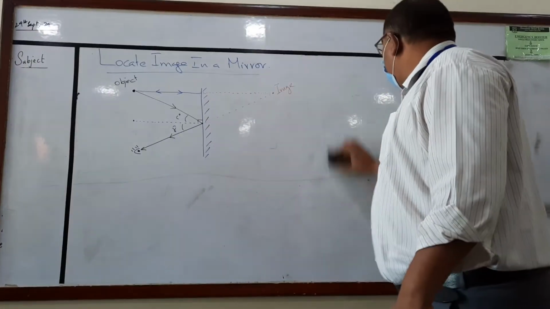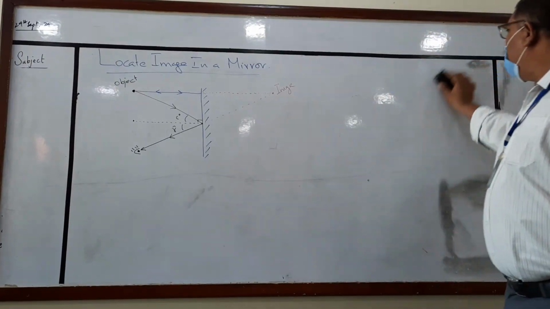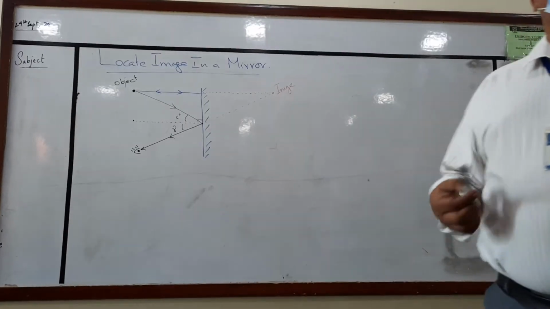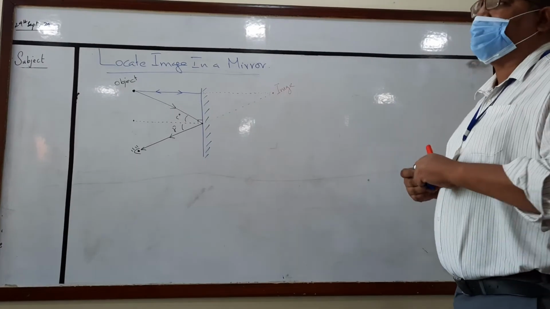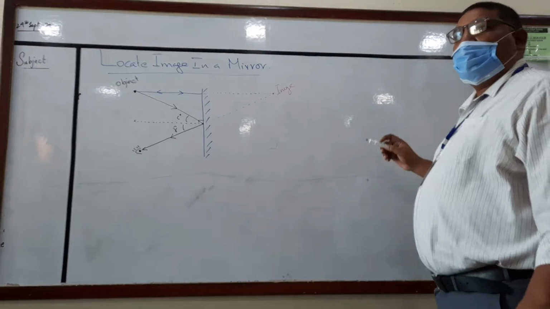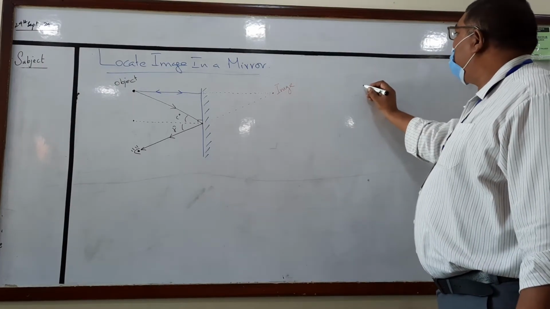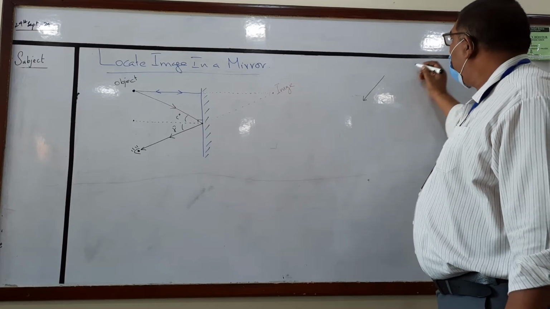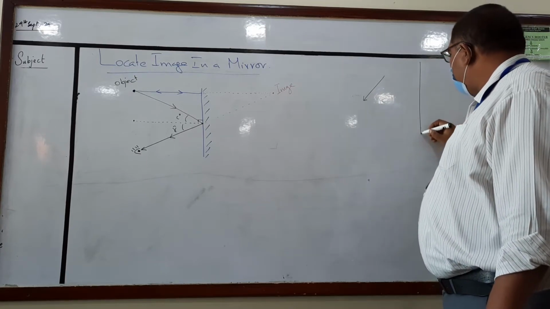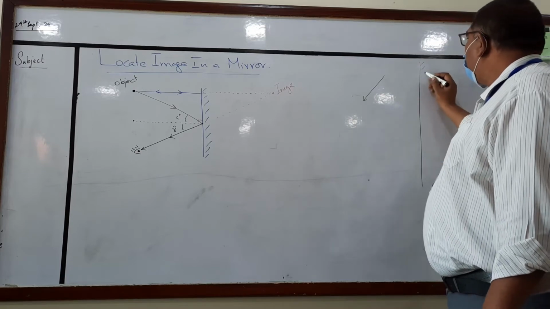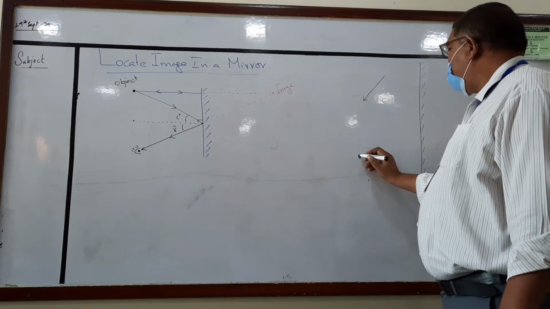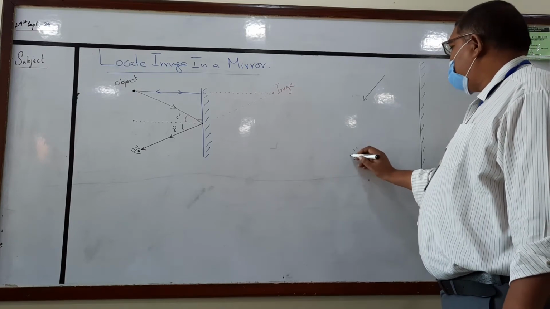Sometimes the object might not be just a point. For example, I have this object, and this is the mirror, and here you have the observer.